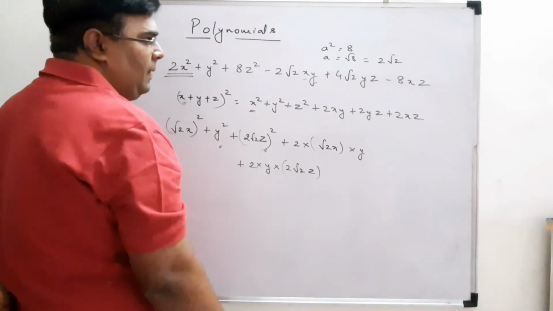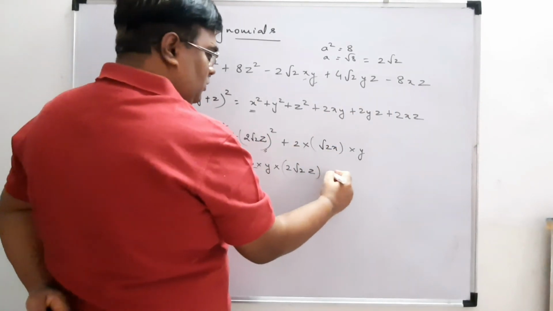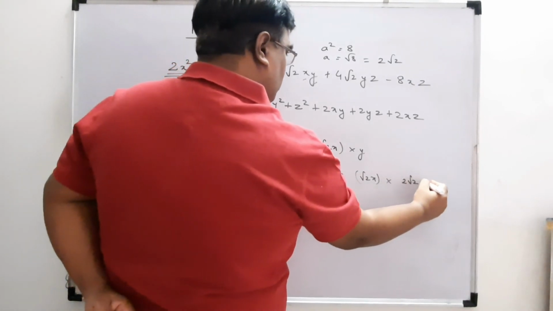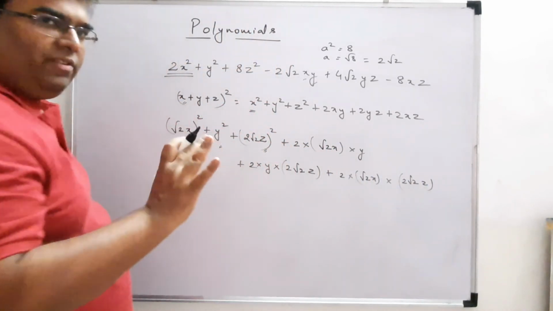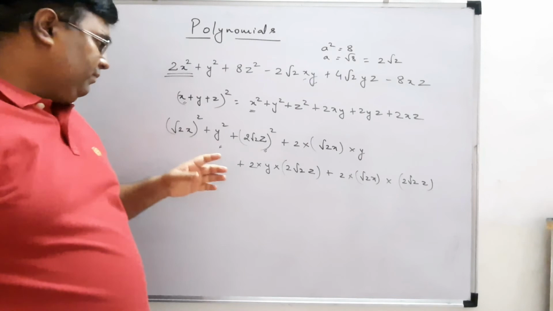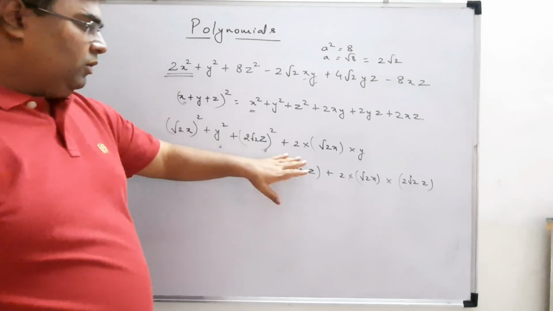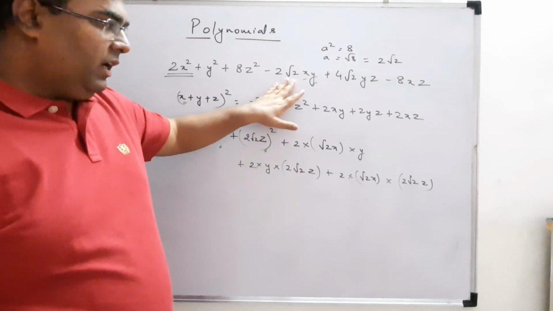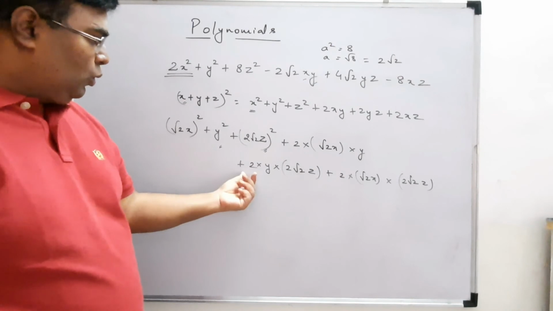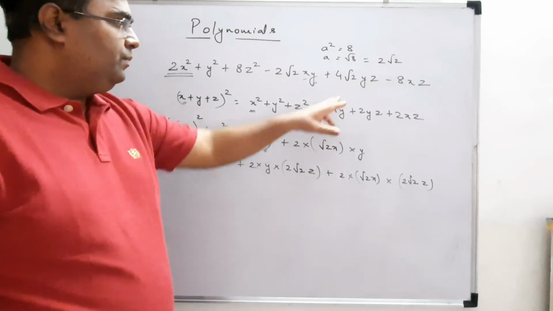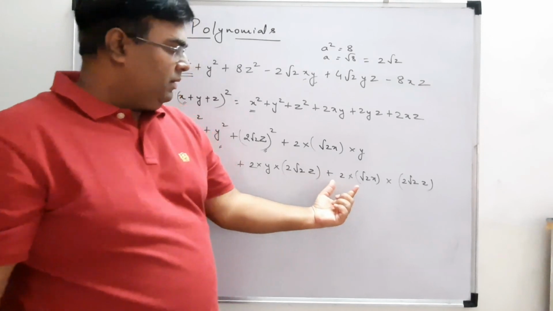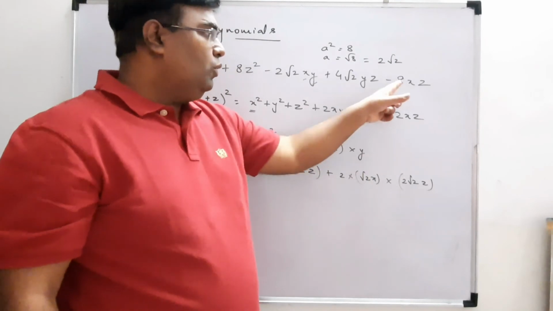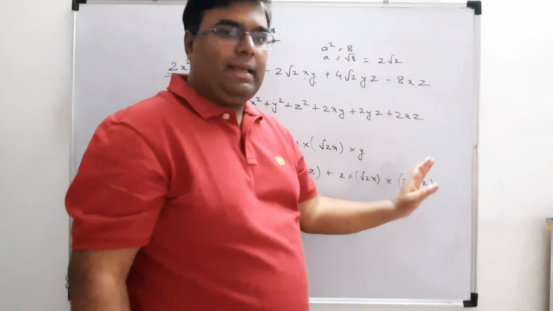And then again x and z terms are there, so plus 2 root 2x multiplied by 2 root 2z. Now let us check first whether we have got the values or not. These three values we have already got. Now if you multiply this, 2 multiplied by root 2 is 2 root 2. We are getting it here, x, y. Then 2 multiplied by 2 root 2 is 4 root 2. We are getting it here also. Similarly, 2 multiplied by 2 is 4, and root 2 multiplied by root 2 is 2. So 4 into 2, 8. That is also what we are getting here, x and z.